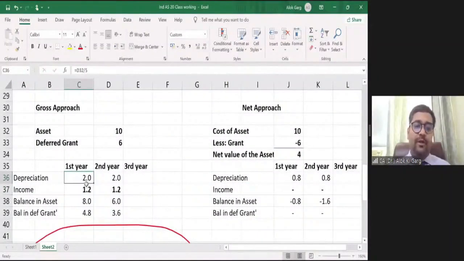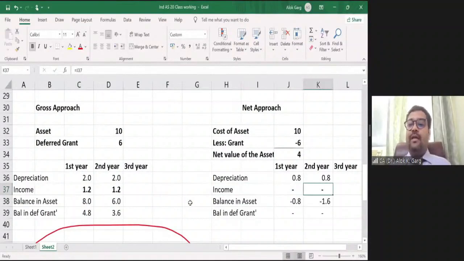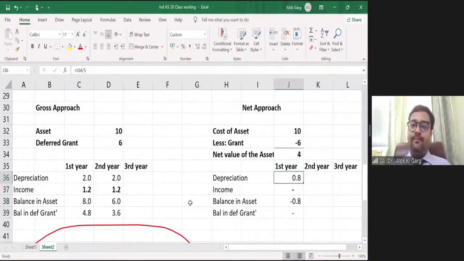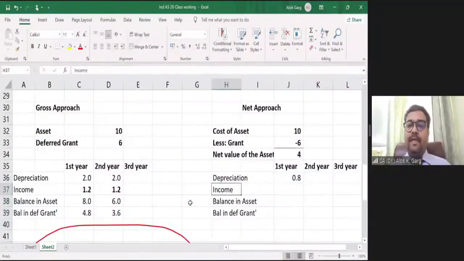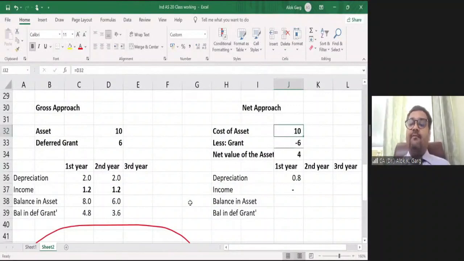When you reduce 1.2 from 2, the net P&L impact is 0.8 only. If you see here, the net P&L impact is 0.8, 2 expense, 1.2 income. So here it is also 0.8. Income will be 0. Why? Because the government grant is not recognized separately. The value of the government grant has been reduced from the value of the asset.